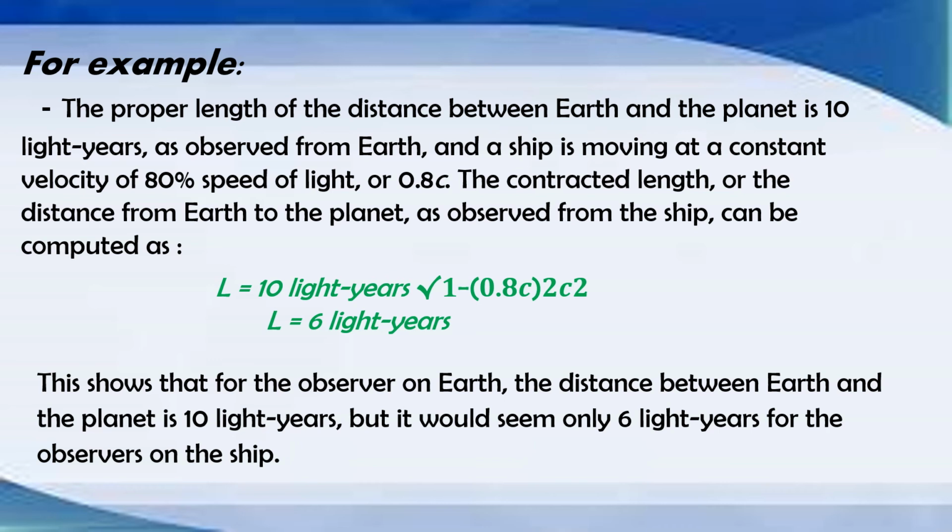The contracted length, or the distance from Earth to the planet as observed from the ship, can be computed as 10 light years times the square root of one minus 0.8 squared, which is 6 light years. So this shows that for the observer on Earth, the distance between Earth and the planet is 10 light years, but it would seem only 6 light years for the observer on the ship.